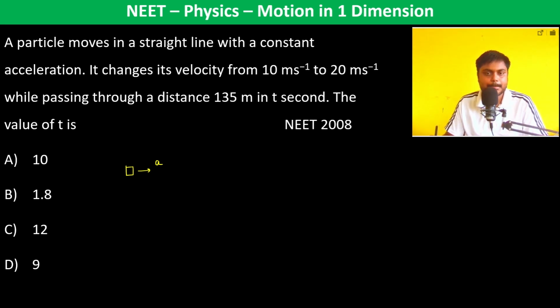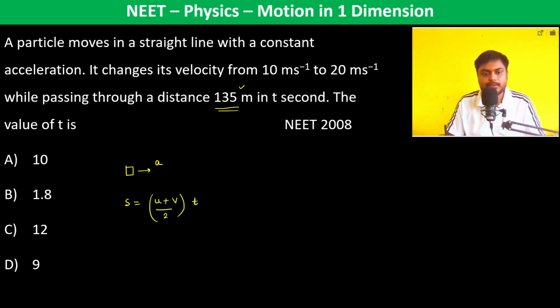Okay. So, when a particle is traveling with constant acceleration, we can write s is equal to (u plus v) by 2 into t.